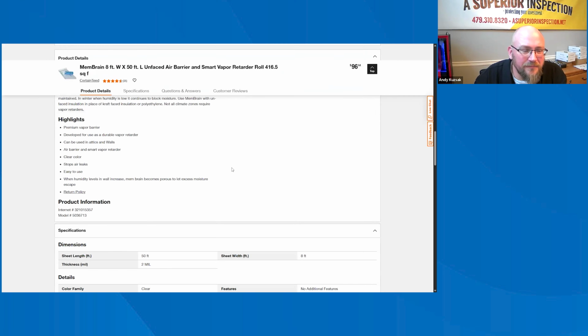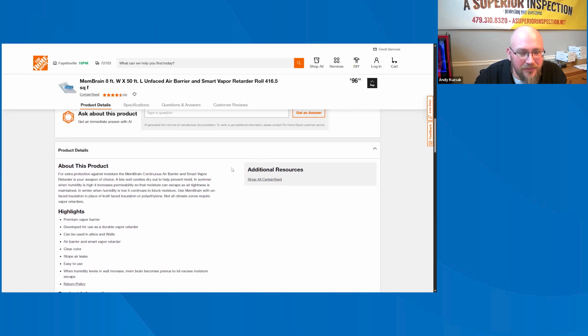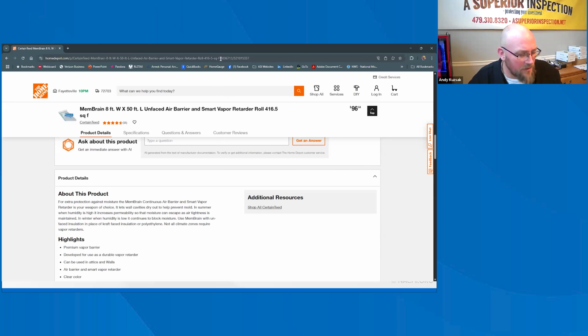I'm sure that because there is nothing in the code that talks about smart vapor retarders, they must be applied in the same fashion as standard vapor retarders. While I'm not sure how they fit in currently, I'm sure they still must be applied in the same fashion as a standard vapor retarder.